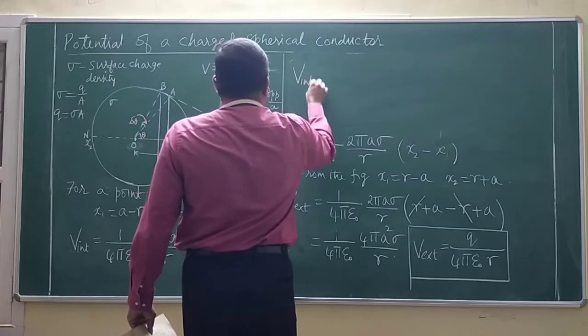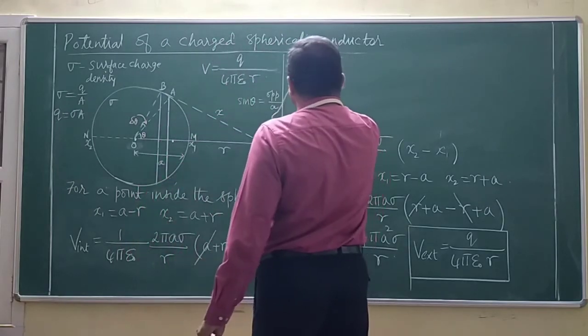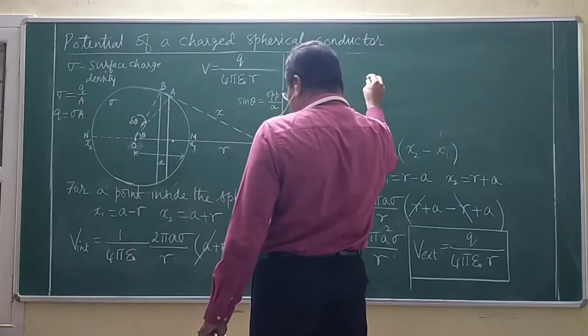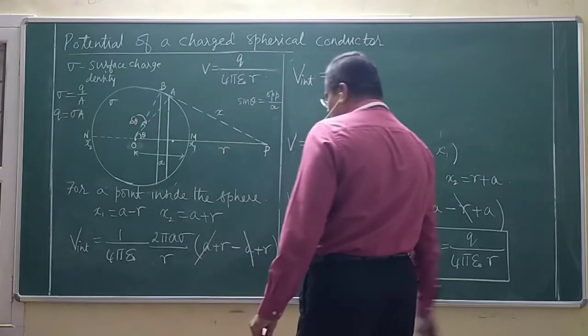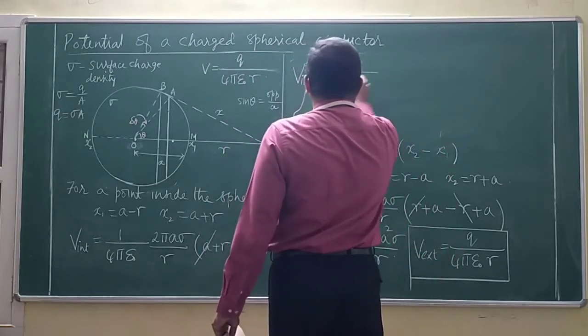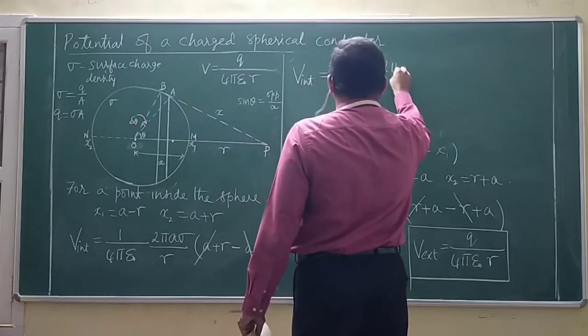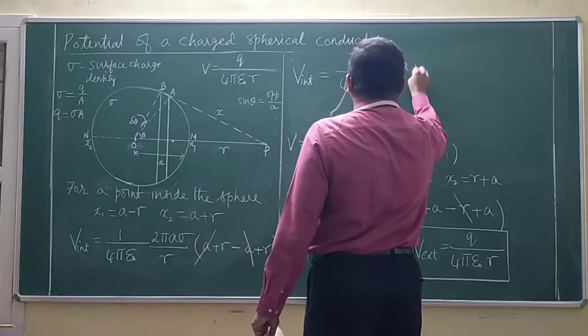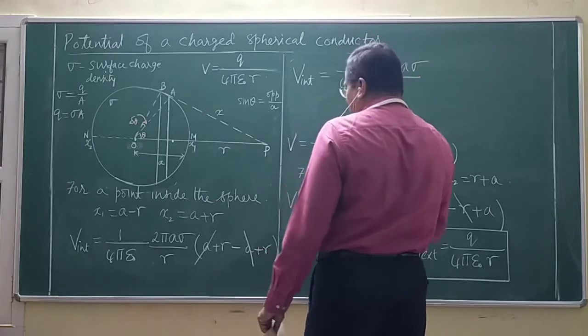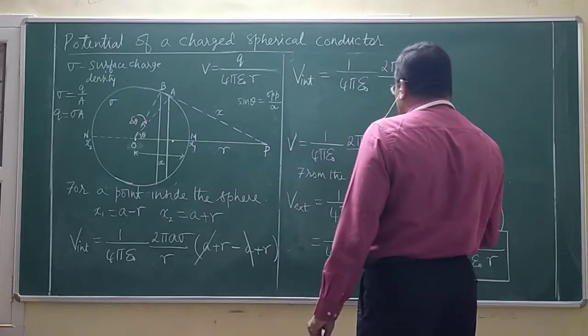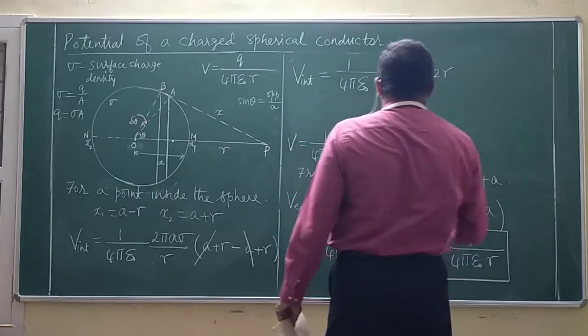V internal is equal to 1 by 4 pi epsilon naught 2 pi A sigma by R into 2R.